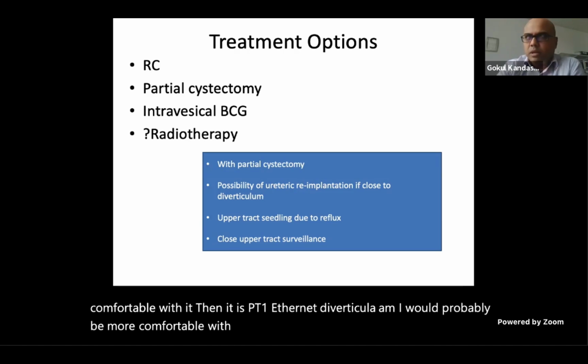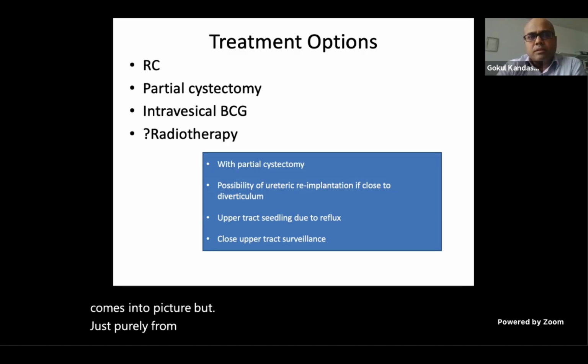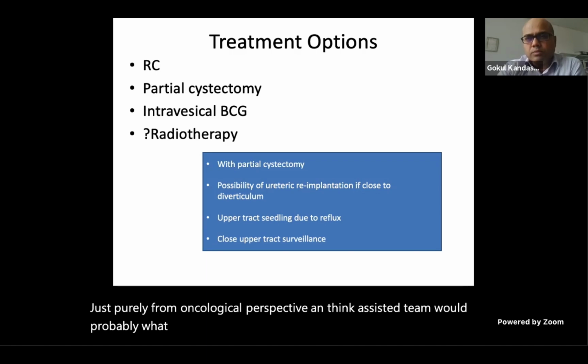Of course, there are all the other parameters, patient consideration, discussion with the patient, everything comes into the picture. But just purely from an oncological perspective, I think a cystectomy is probably what most MDTs would be comfortable with, just because it's T1 disease within a diverticulum.